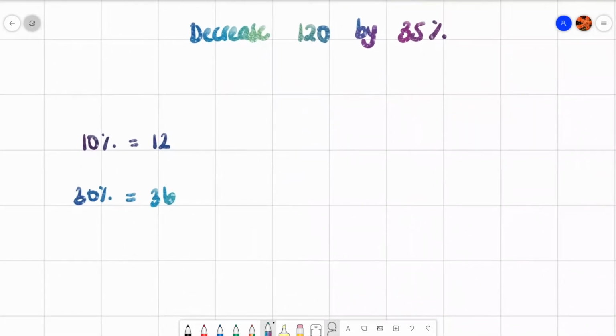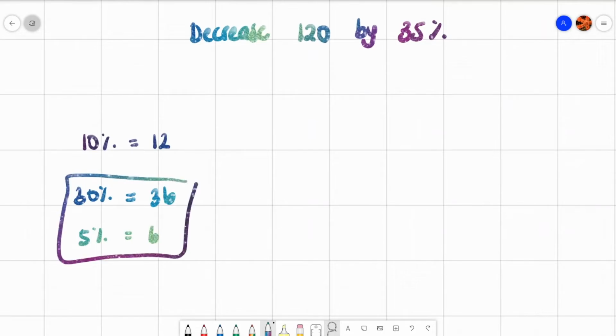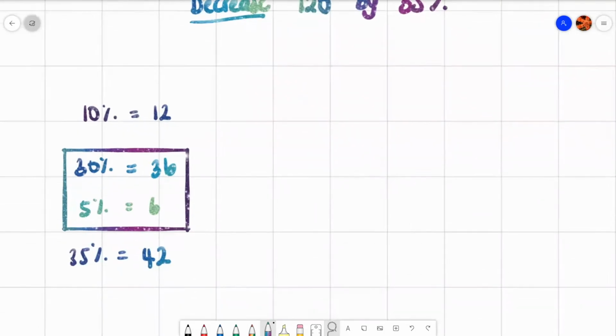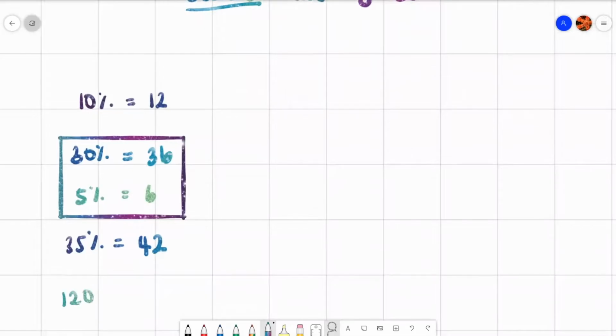Then I can work out 5%, which is quite easy, isn't it? Because I can half 10%, which is 6. Well, 35% is just this added together. So 36 add 6 is 42. I'm decreasing, so I need to subtract. So I need to do 120 subtract 42, and I end up with 78.